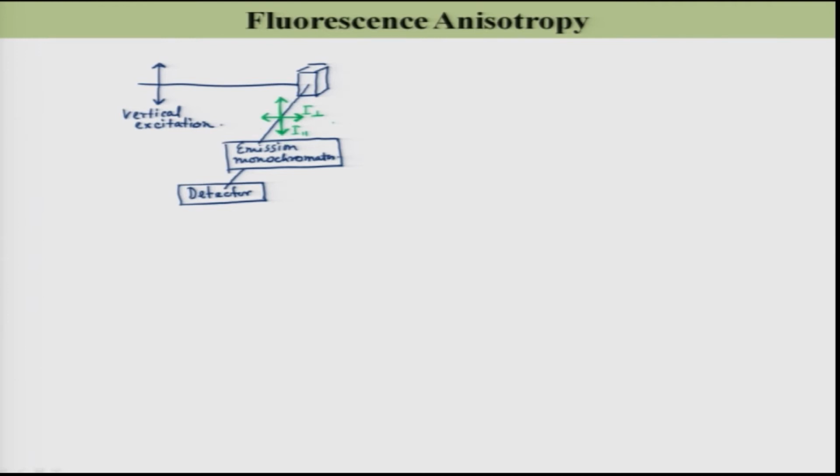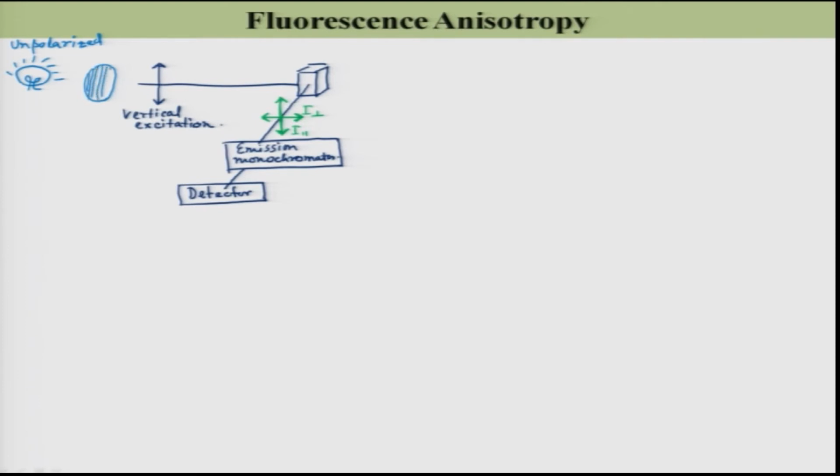The question is, how am I going to select? I have to put that optical device which is called the polarizer. For the generation of this vertical excitation light, because my light source is not polarized, this is my light source, this is unpolarized light. So, I will use a device called a polarizer.